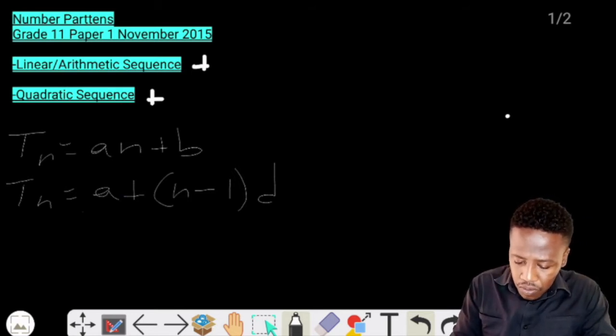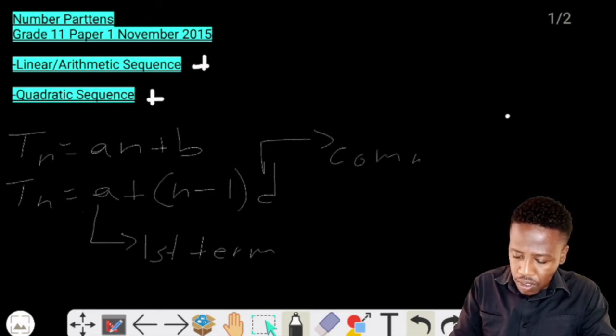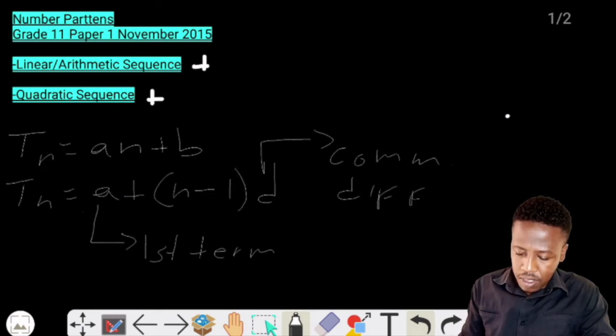Let me quickly go through what these variables represent. Your a in your sequence will be your first term, and your d will be your common difference.